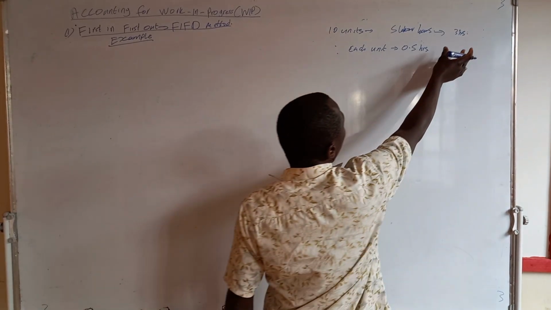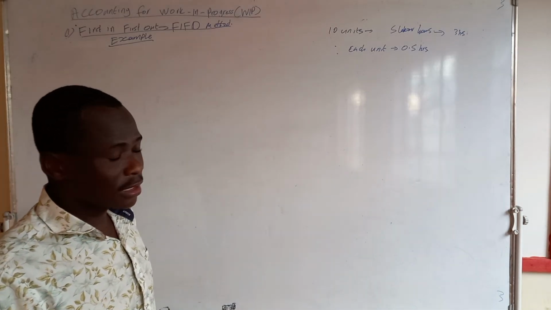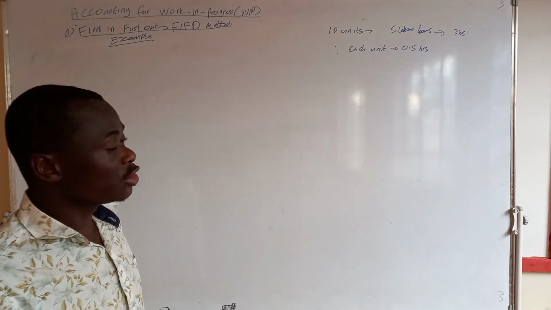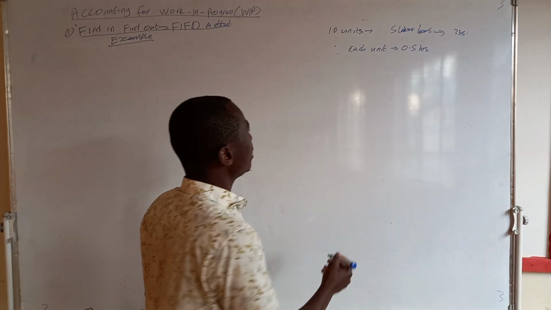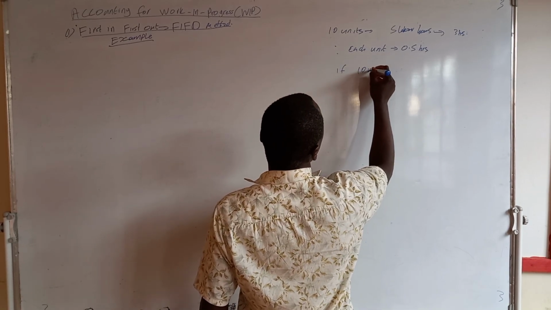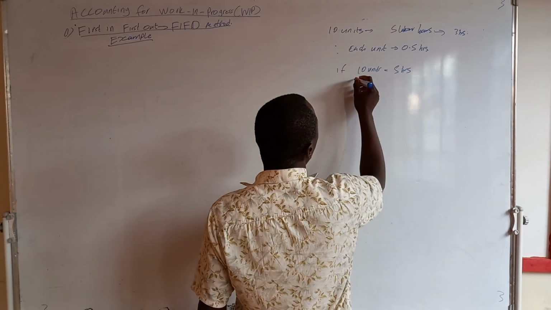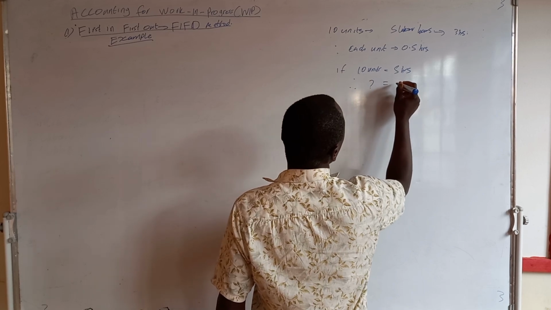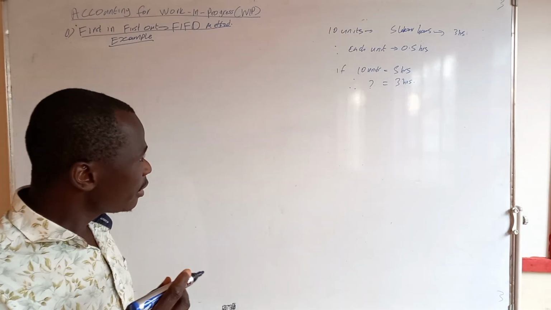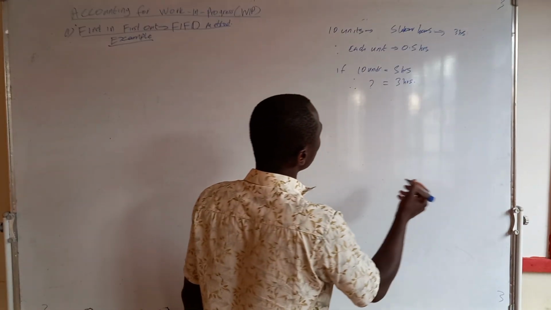Now this 3 hours is what we convert into units. So we say if 10 units is equal to 5 hours, how many units is equal to 3 hours?